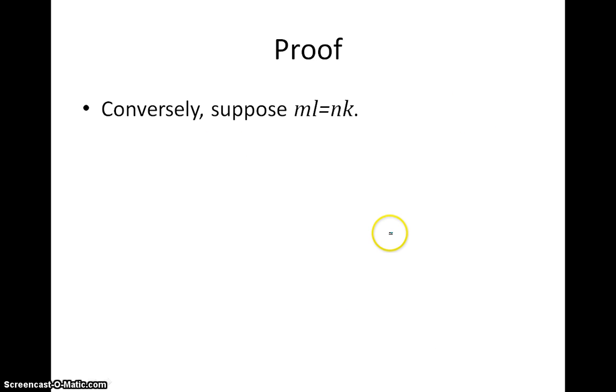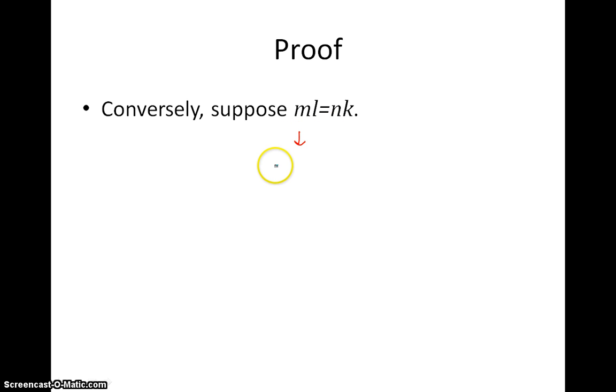All right, let's take a look at that backwards. Suppose we start with m times l and n times k. Well, if we write this, I'm going to go ahead and write this, and then what I want you to do is tell me, or write down, what is the proof. So let's start with m times l equals n times k.